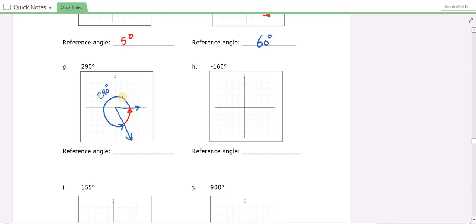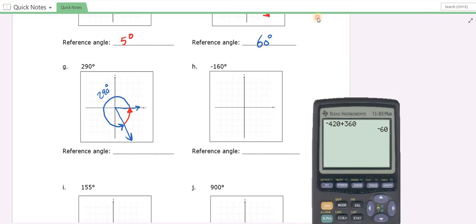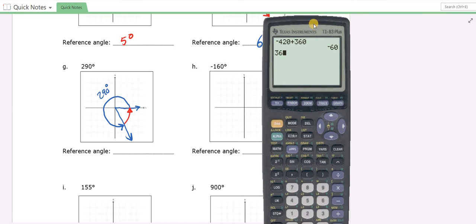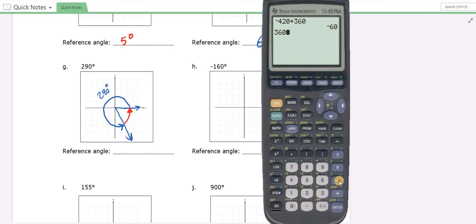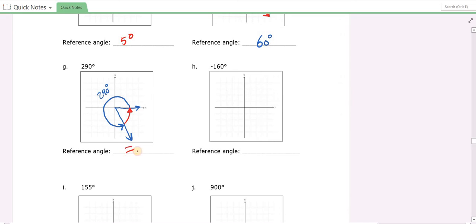So I know that the entire circle is 360 degrees. If I subtract 290 from 360, I'm going to get 70 degrees, and that is my reference angle. So 70 degrees is my reference angle right here, which is the entire circle, 360 minus 290 degrees.